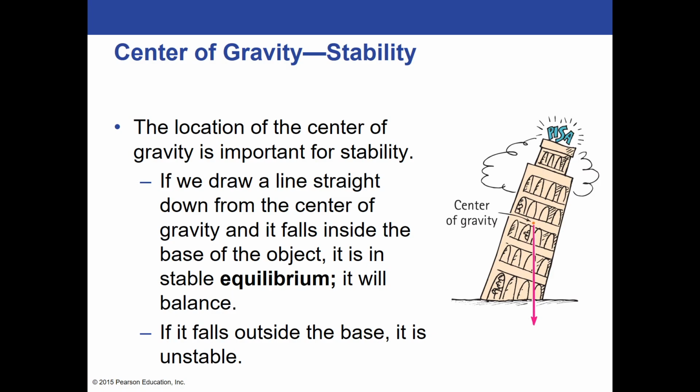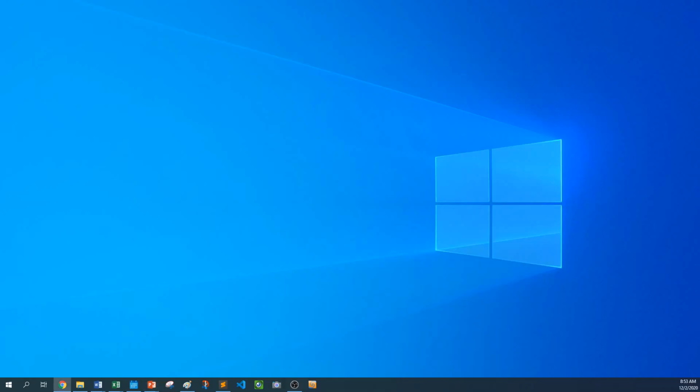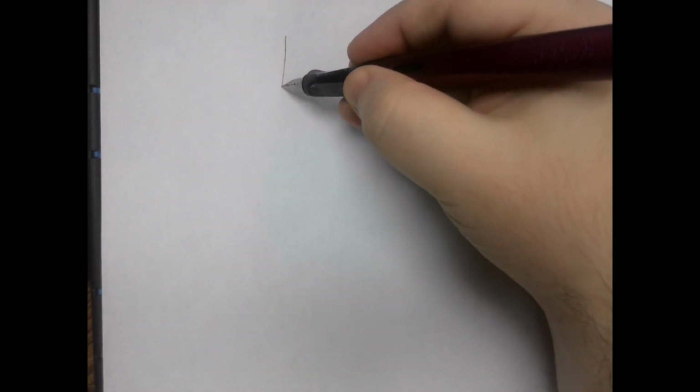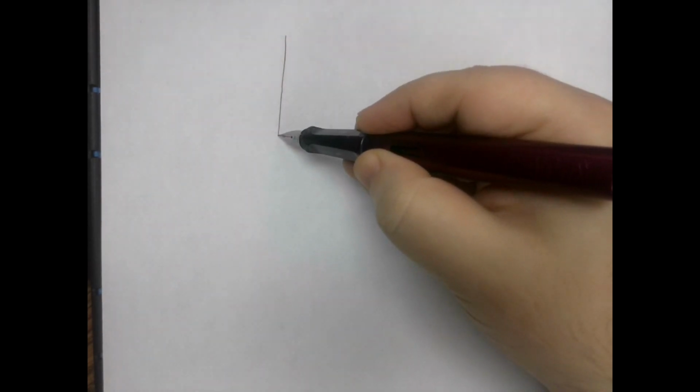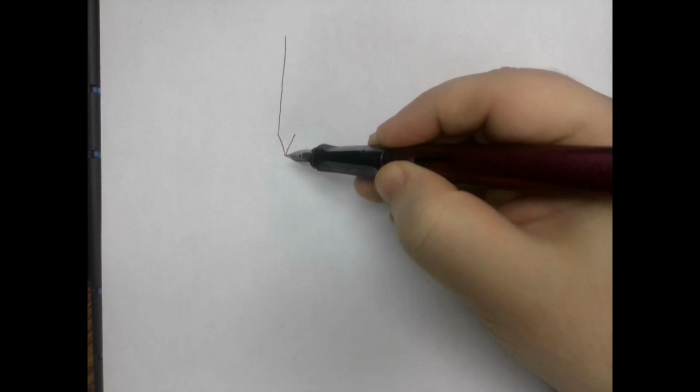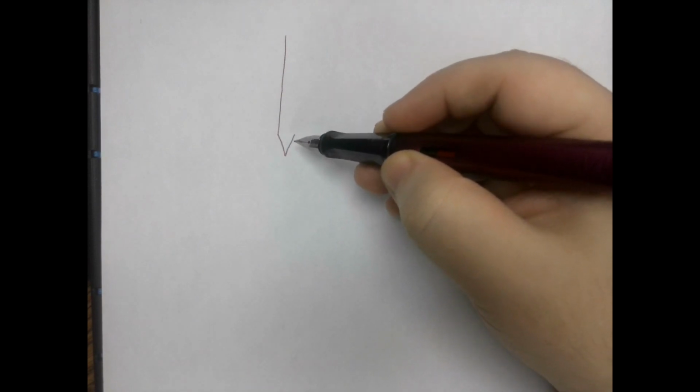My question is, how long? Imagine you have a perfect pencil, a mathematically perfect one. Obviously this can't exist in real life. But imagine that this is a perfect point, like less than an atom.